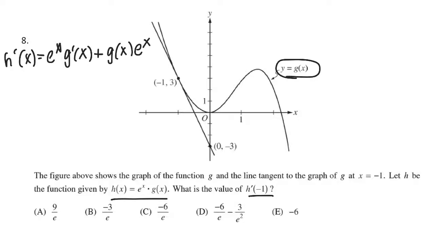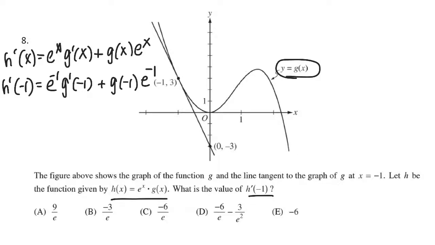Derivative of e to the x is e to the x times the derivative of x, which is just going to be 1. Now let's plug in our negative 1 and see what we get. So we have e to the negative 1, g prime of negative 1, plus g at negative 1 times e to the negative 1.